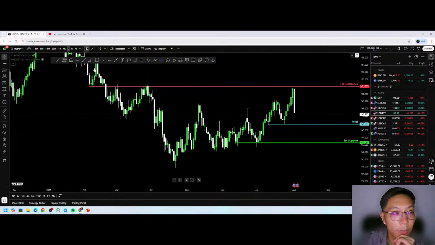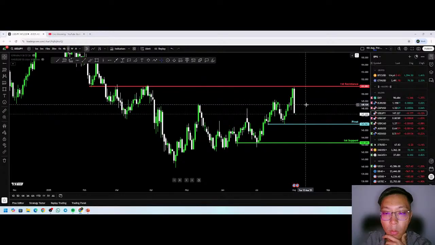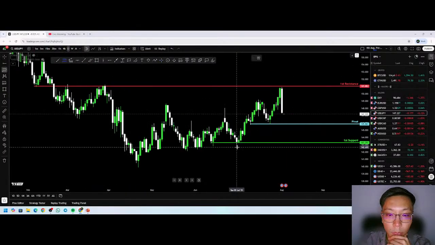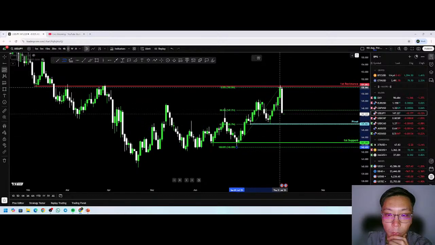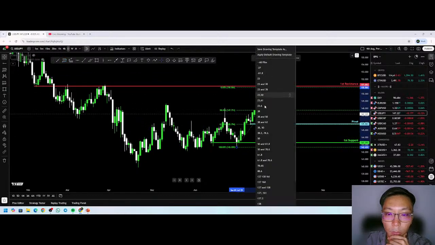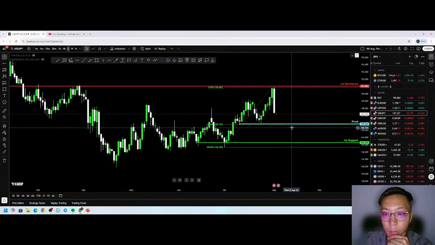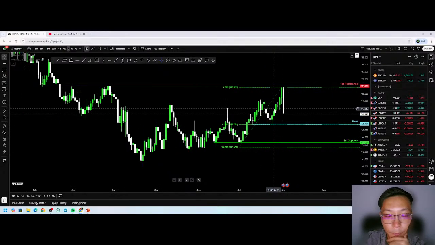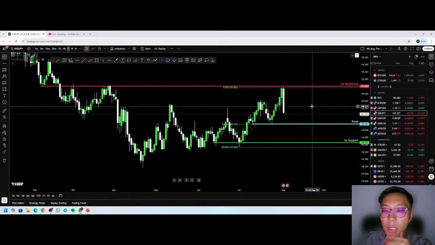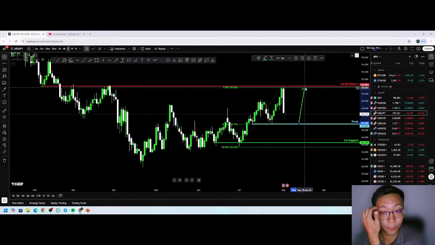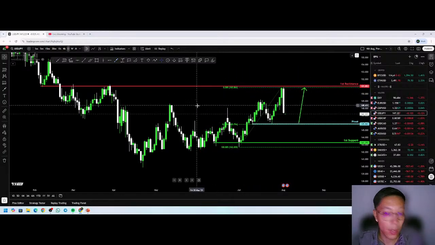Yeah, I think this is fine. Take out all these wiggly lines. Yeah, I think this is okay. Decent, but not the best. Okay, this is for USD JPY.